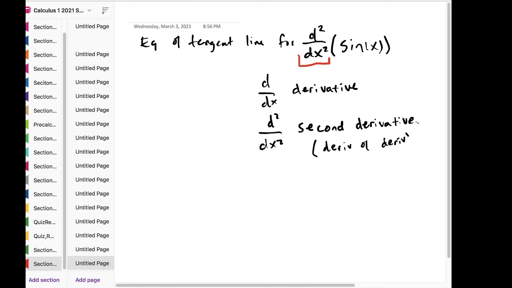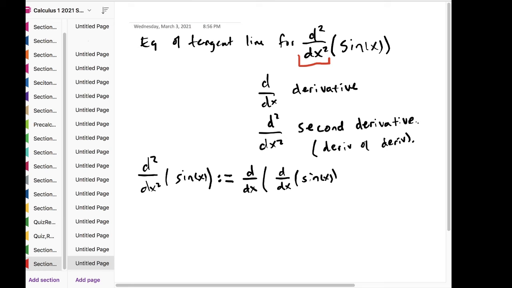So understanding that, d squared dx squared of sine, you can think of that as the derivative of the derivative. Yeah, so it will be negative sine. The derivative of sine is cosine, and then the derivative of cosine is negative sine. Okay, so let's do the tangent line.